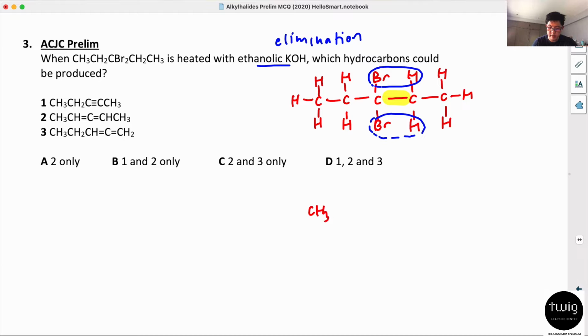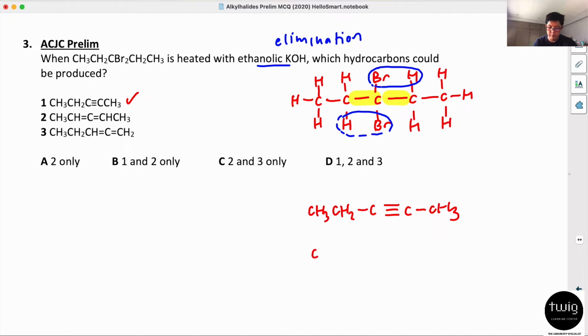So it should look something like this. This is definitely one of the possible answers. This carbon will now have a triple bond, and you get a CH3. So this is in line with option 1. If you do it another way, you could remove the H and the Br over here, which means you have a double bond on both of these ends.